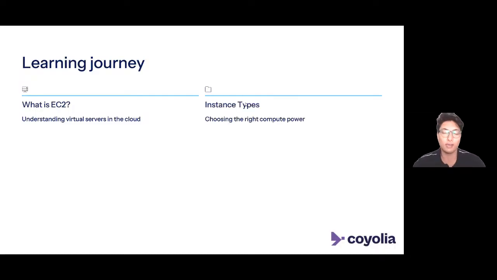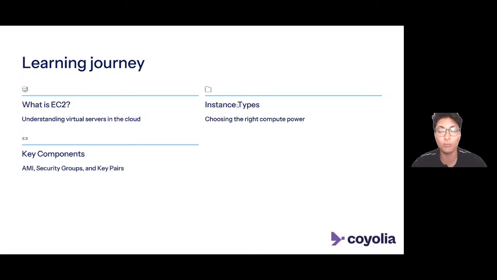We also came across the types of instances and the key components of the instance: the AMI, Amazon Machine Image, and security groups, and how important it is to attach them, because we made a mistake yesterday and forgot to attach a security group. Only after attaching the security group were we able to spin up the instance.